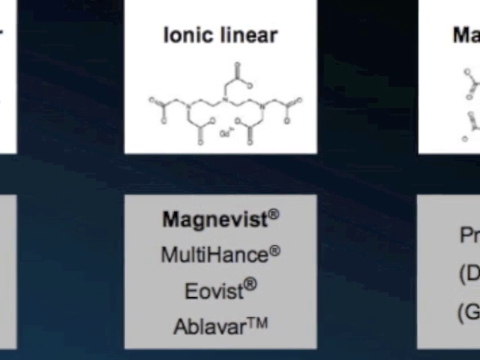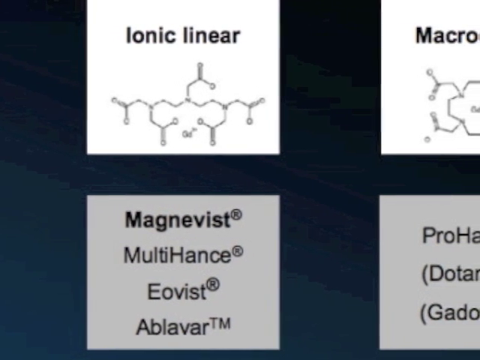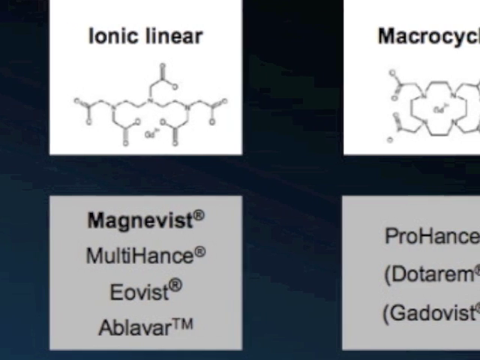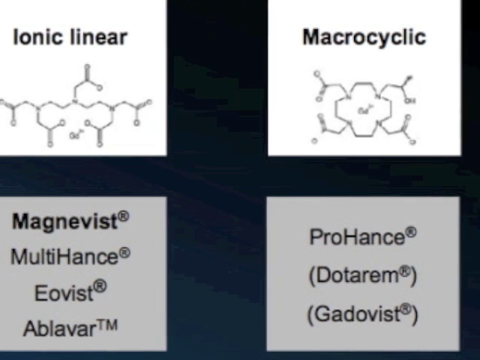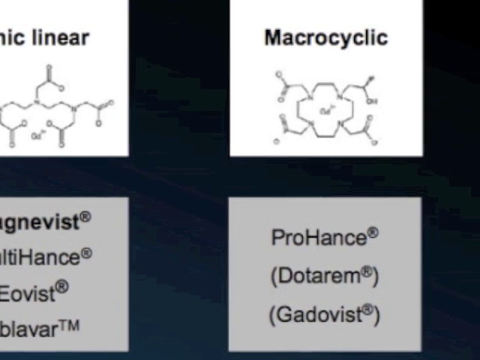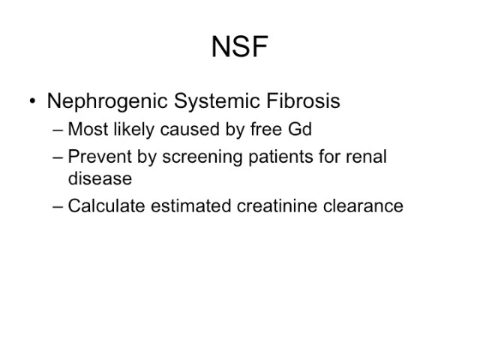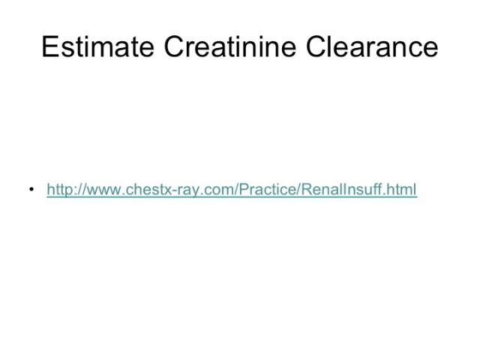Unlike when we look at the macrocyclic, looking here, you see this gadolinium very protected within the chelate molecules. So NSF most likely is caused by this gadolinium agent just roaming free in the body. It's preventable by a thorough screening process and getting an actual estimated GFR on them.